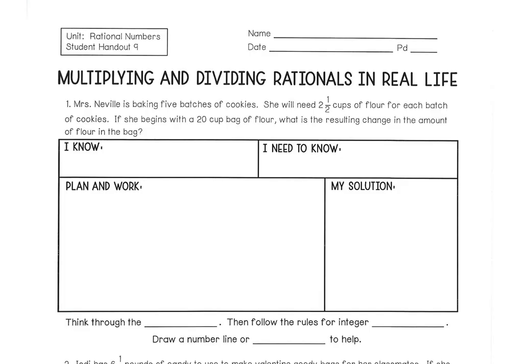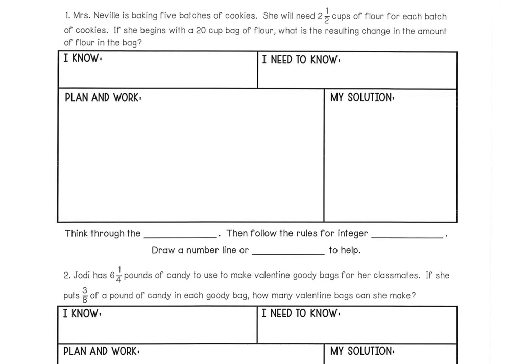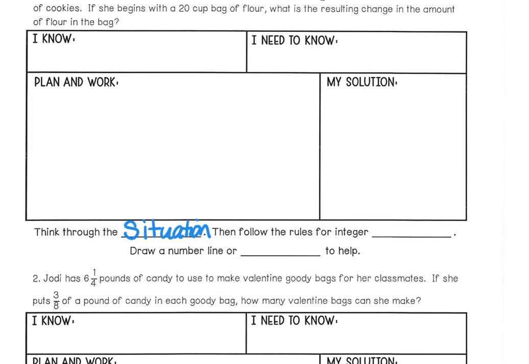Okay, and so let's talk about working in real life with these numbers, because this is probably the most important part. Again, we're going to think through the situation. And you're going to then follow the rules for integer operations.